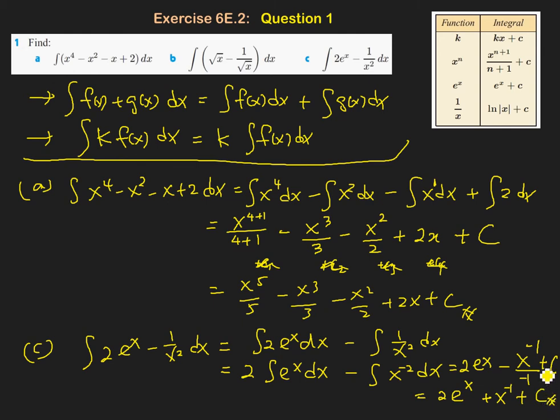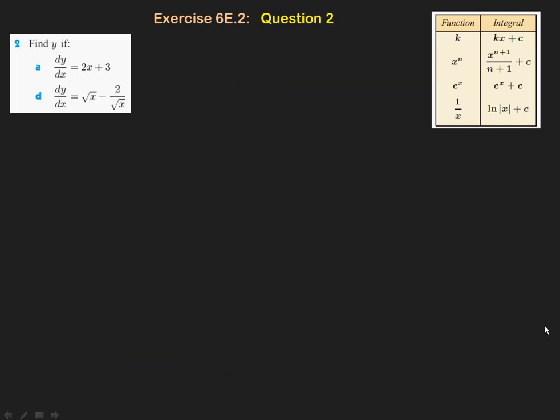Now moving on to question 2. Find y if dy/dx is given. So dy/dx is given here, 2x plus 3.